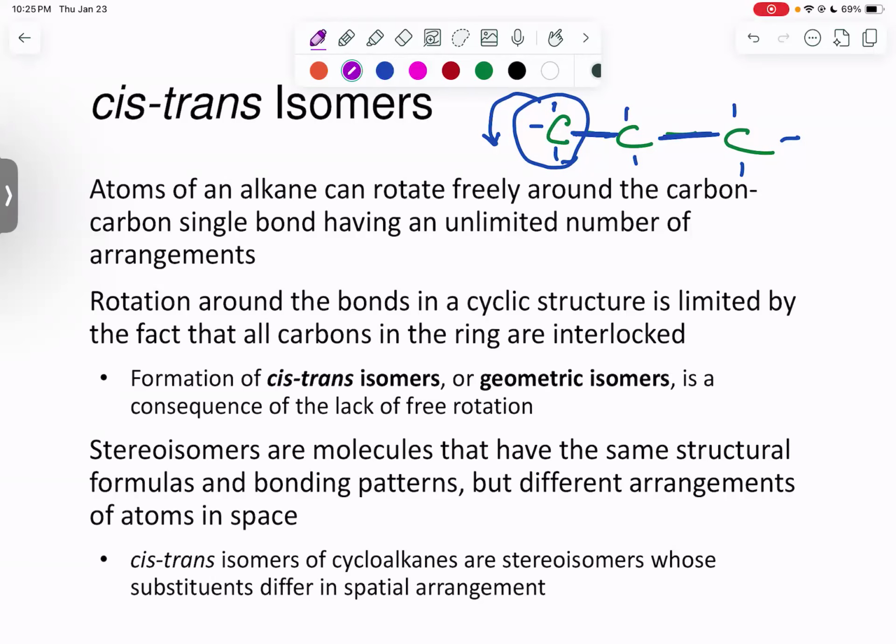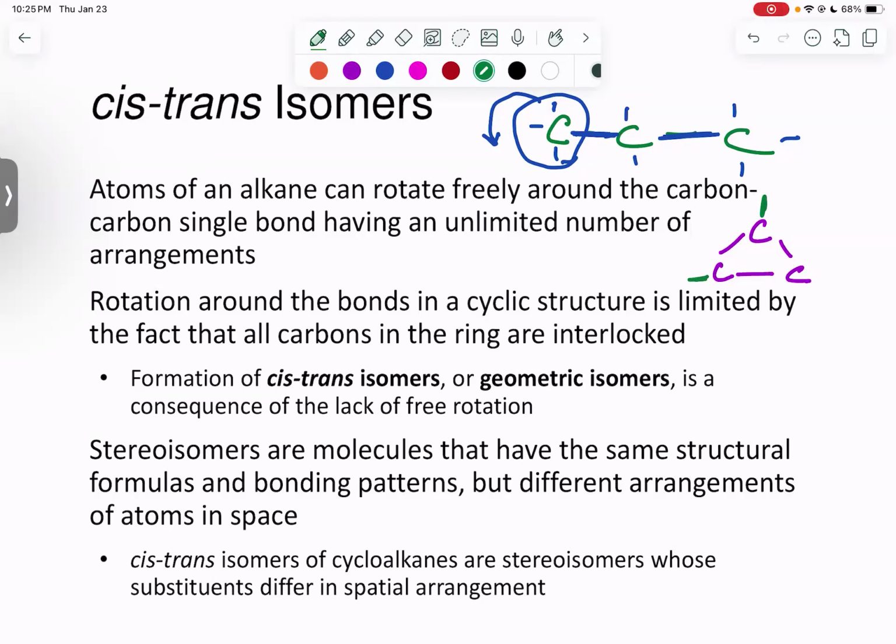But if I have something that's in a ring, then there's no rotation. There's no possibility of rotation. It's limited by the fact that all the carbons are interlocked. And it's going to be easy. I'm going to bring some models in to class, and it's going to really help to see those models. And so if you have substituents that come off of a ring, and let's say there's one coming off of this one and one coming off of this one.